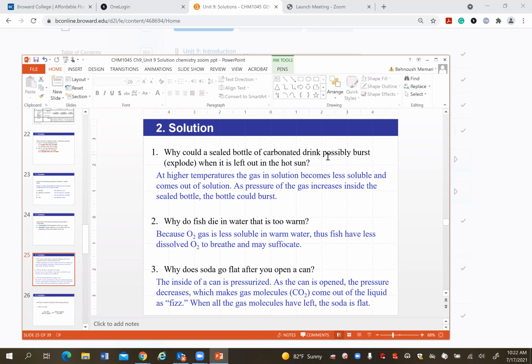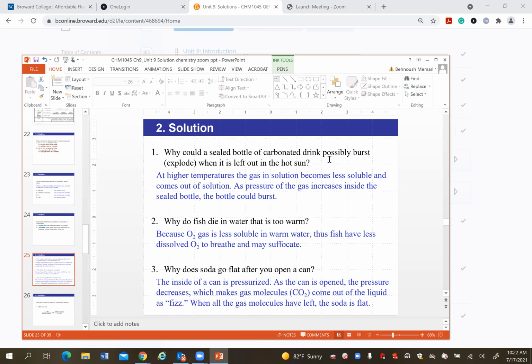Could a carbonated drink explode when you leave it in the hot sun? What happens to the carbonated drink if you leave it in the hot sun? Is the solubility of the gas higher at high temperature or lower at high temperature? You can answer that part.